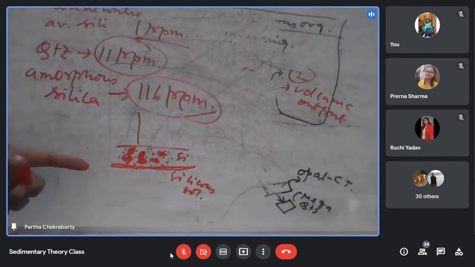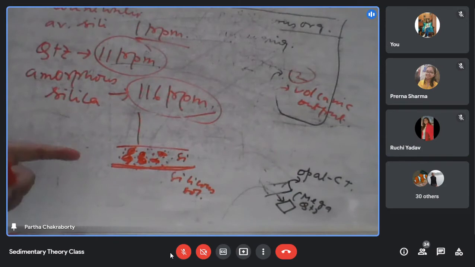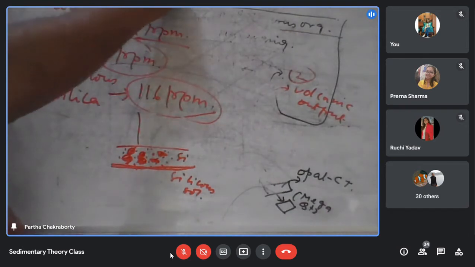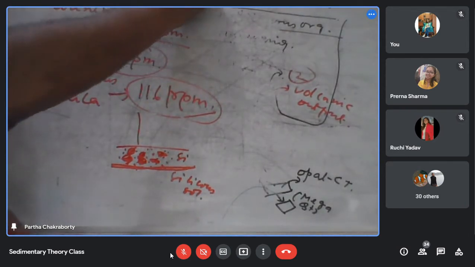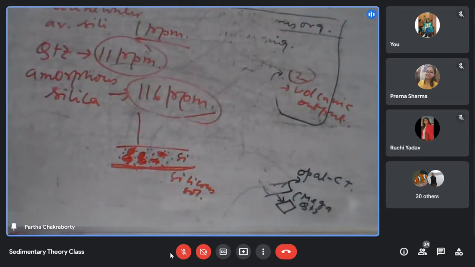From this saturated to oversaturated siliceous solution, the first precipitation we get is not quartz but opal A, which is a metastable form, not a stable quartz form, cryptocrystalline metastable form.